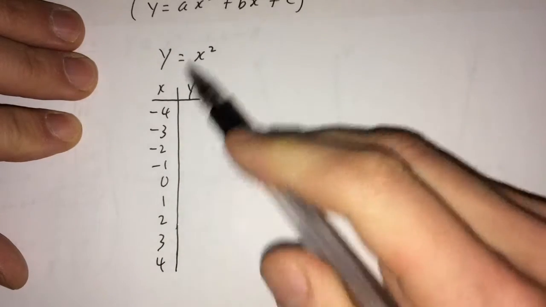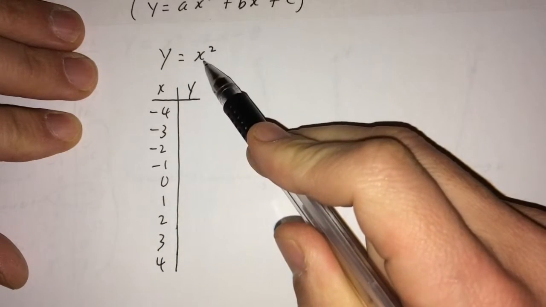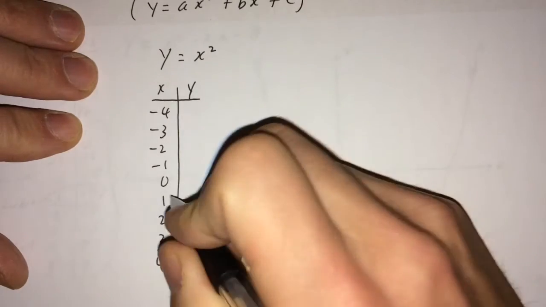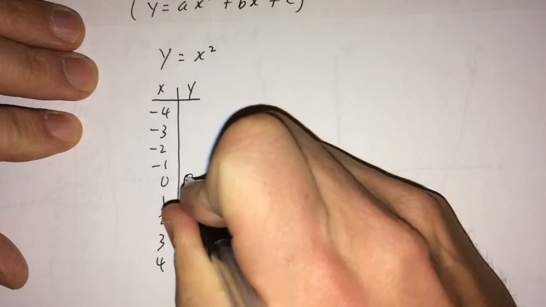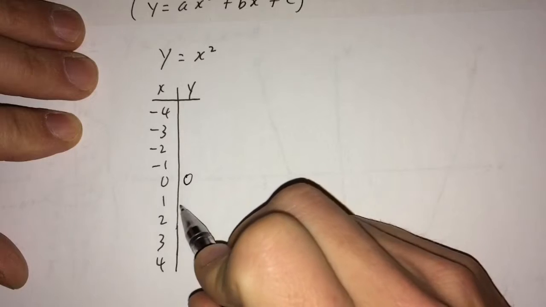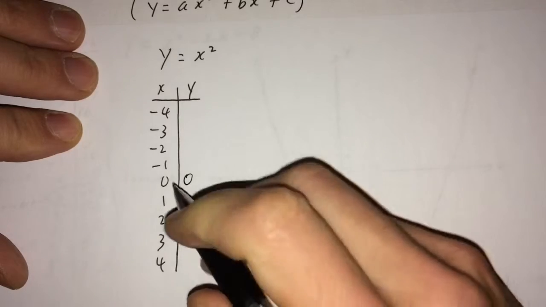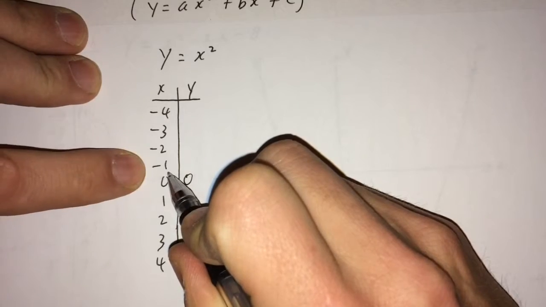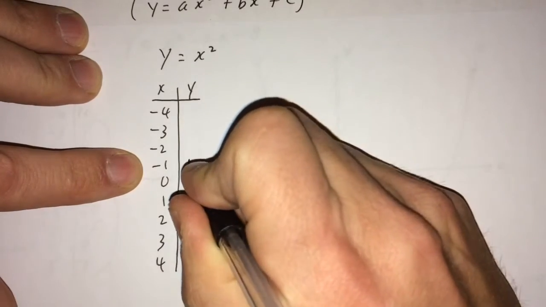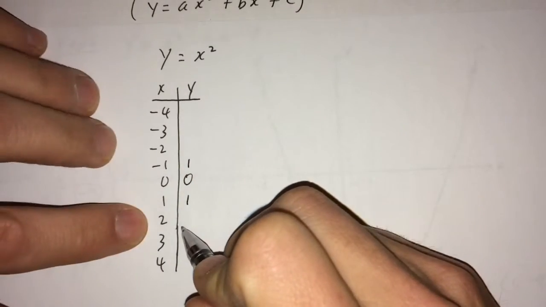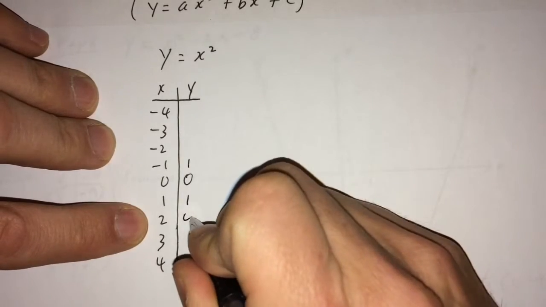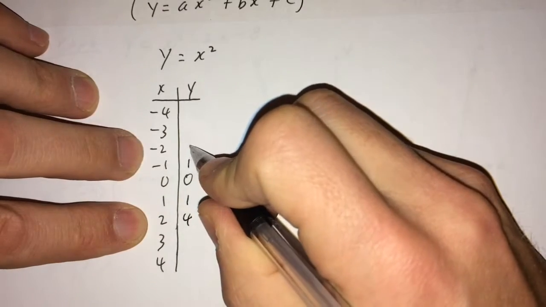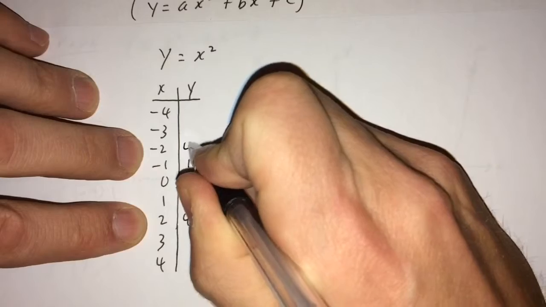When we square these, so we sub these in for x, when we square 0, we get 0. When we square 1, 1 squared is 1. So is -1 squared. -1 times -1 is 1. When we square 2, we get 4. When we square -2, we also get 4.